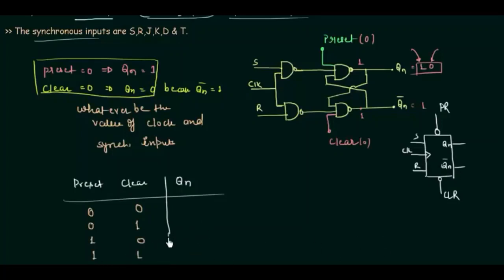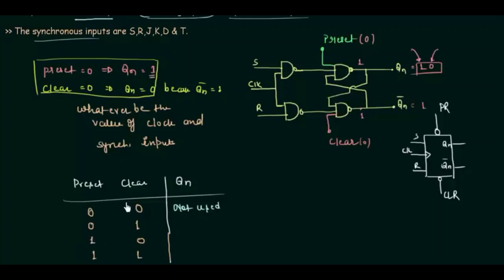Now let's see what the output will be depending upon these conditions. When preset is 0 and clear is 0, there is a contradiction. You can see from here, when preset is 0, Qn is 1, and when clear is 0, Qn is 0. So at the same time they are compelling Qn to become 1 and 0. Therefore it is not used.